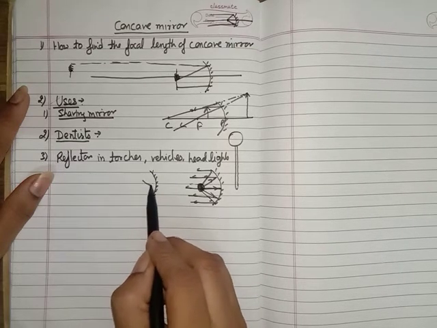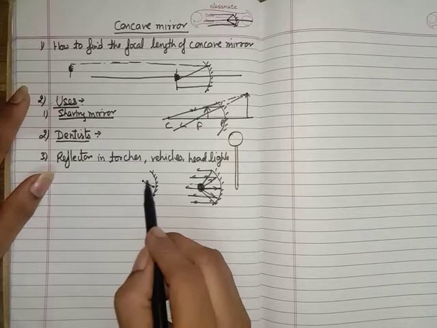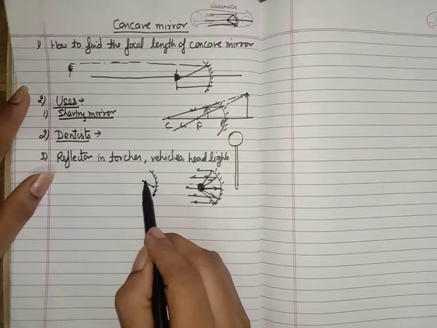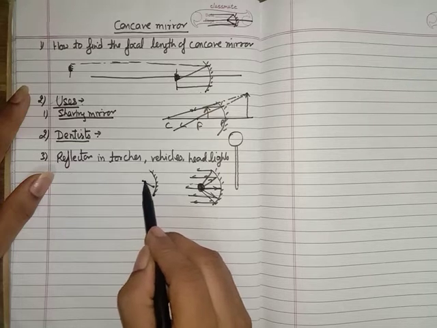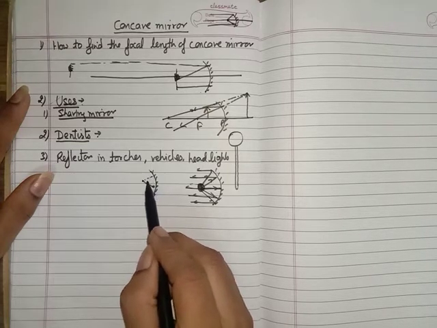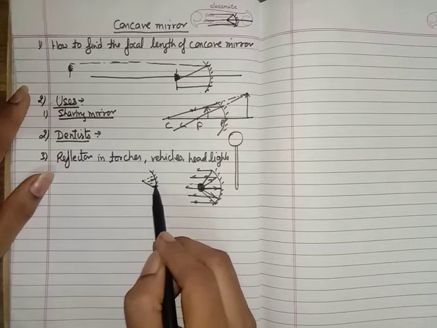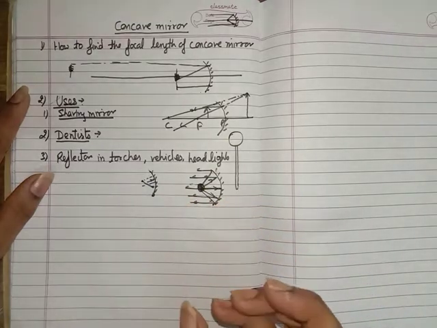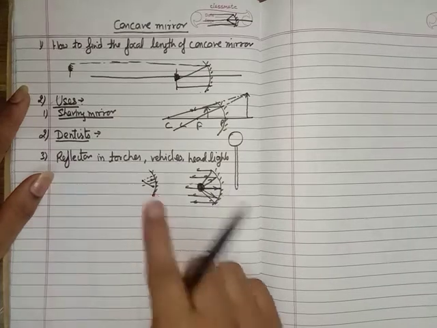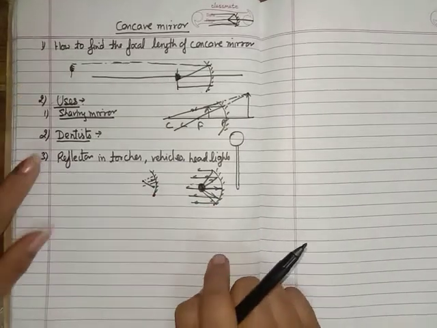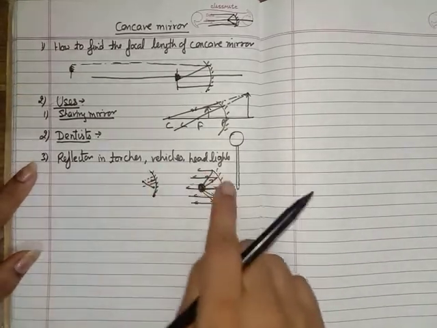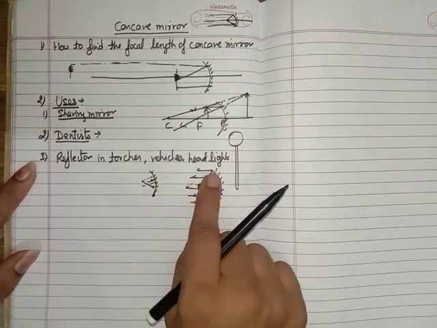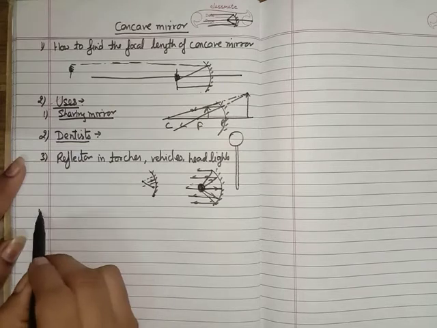Suppose this is a rod which we are using as a heating element, and this is the mirror behind it, so that all the light rays or the heat which is emitted in the backward direction is also reflected by this mirror in the forward direction. So we are using all the light, all the heat which is emitted by this rod or by this bulb. So we can say that we can use the concave mirror as a reflector in the torch, in vehicles, or in the headlights. Now the fourth one.